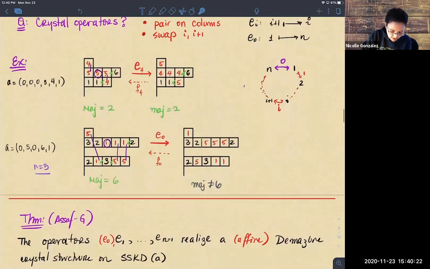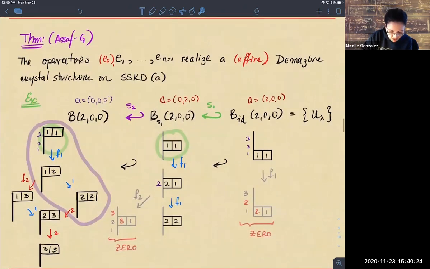Well, we get the following theorem, which is a theorem due to Sammy and myself, which is that these operators, these E_i's or F_i's, however you want to define them, including this E0, this affine operator, give you both a finite Demazure crystal structure and an affine Demazure crystal structure when you include the E0s on these semi-standard key tabloids. That is to say that these operators know when to die.